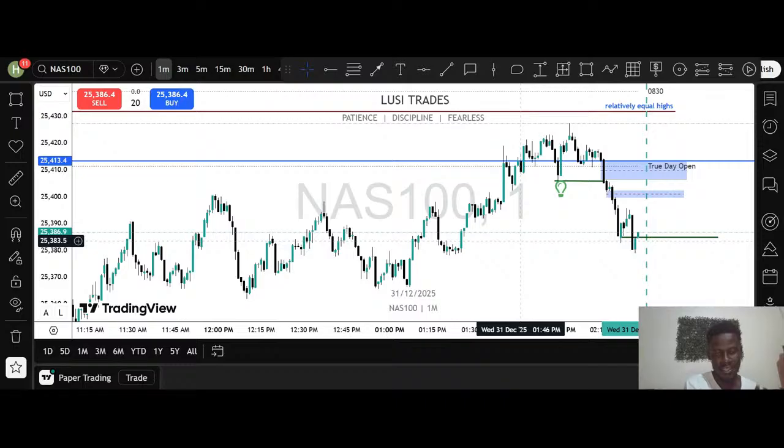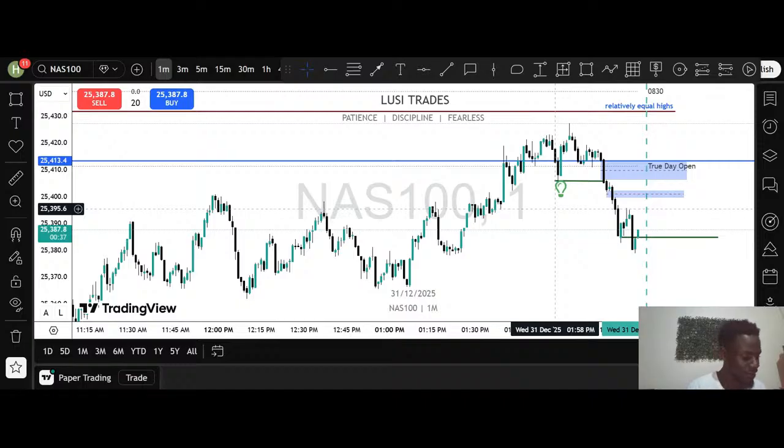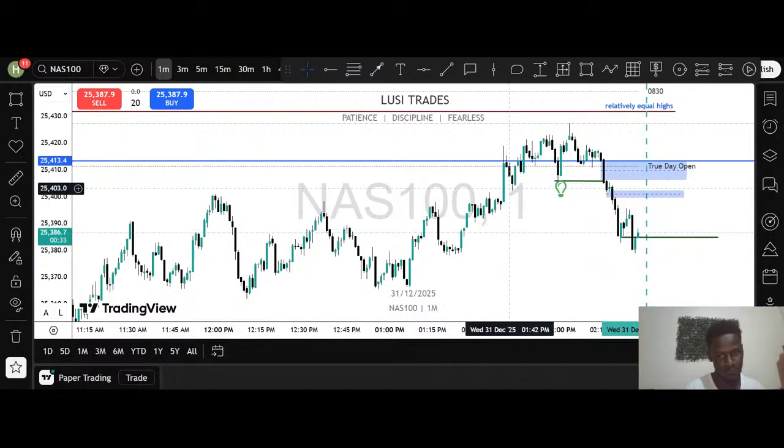Time is 2:30. Will it trade into any level that we'd love to see it trade into?